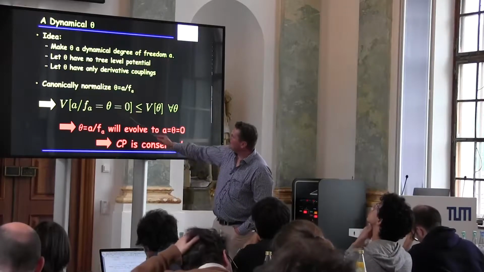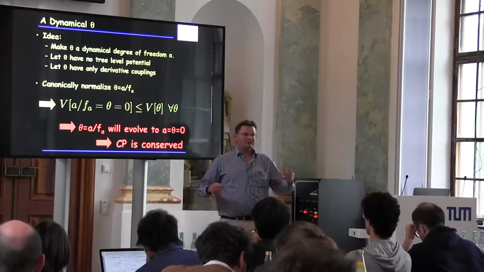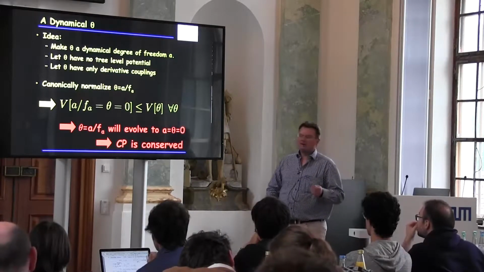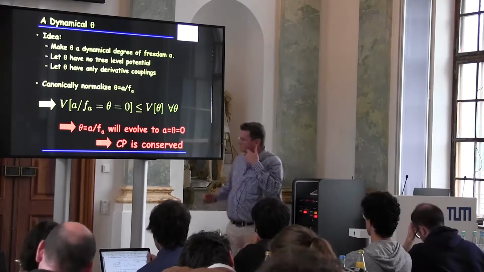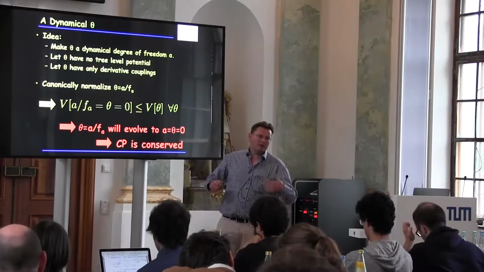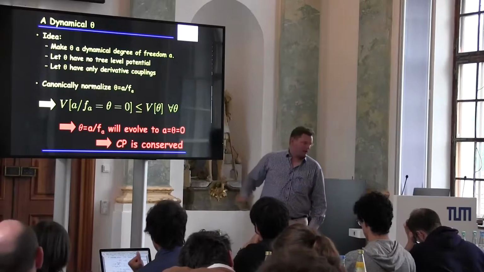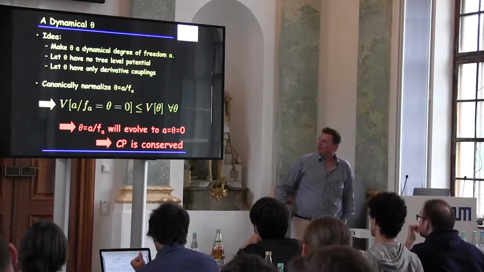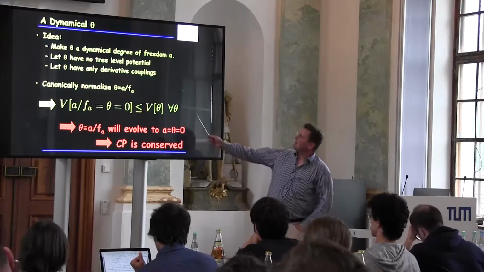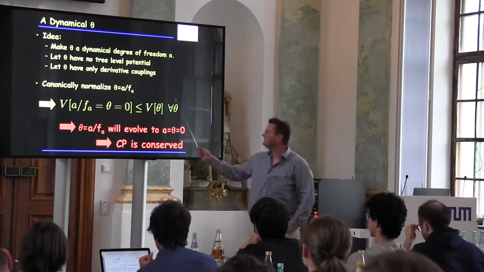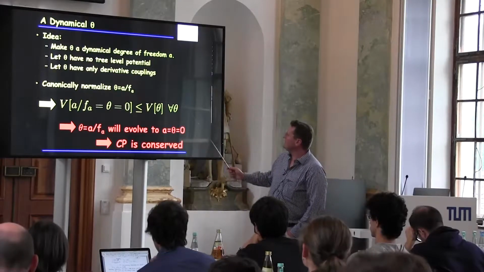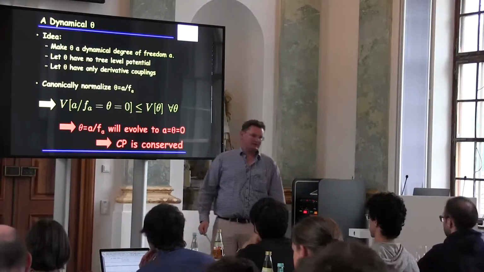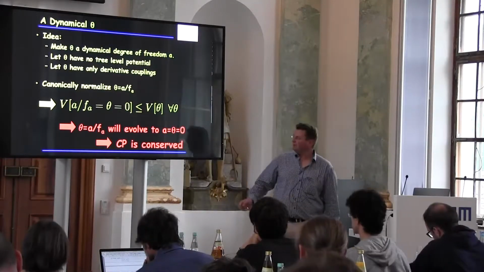One more comment. In these arguments, I've always used theta, and theta is a dimensionless number. However, if you want to deal with a field, and the only type of field theta can be is a scalar or pseudoscalar field. If theta is, and it will turn out to be a pseudoscalar field, then the properly canonically normalized field should have dimension 1.